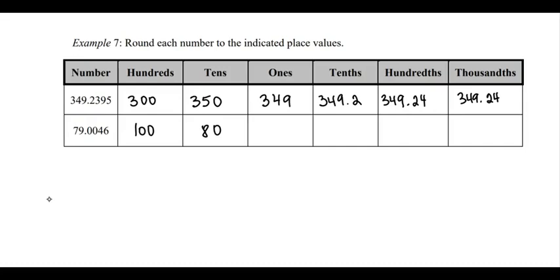To the ones, you will have 79. Now to the tenths, nothing, 79. To the hundredths, 79. And to the thousandths, which is right here, and you got a 6, here we have 79.00.